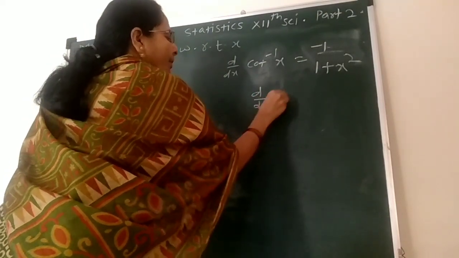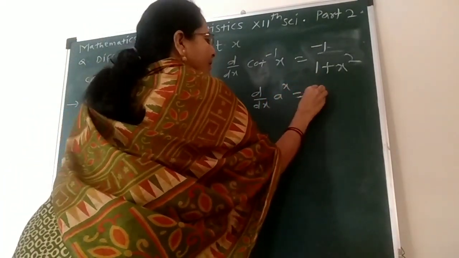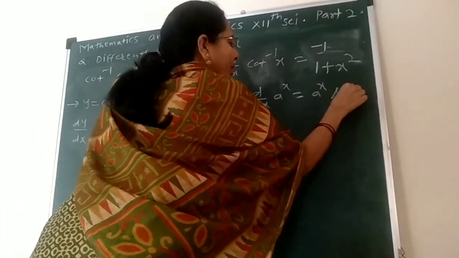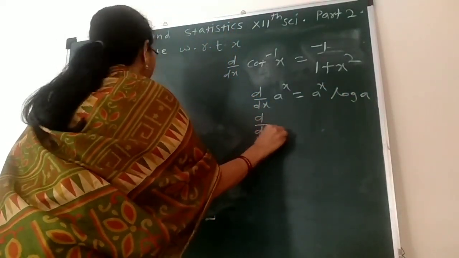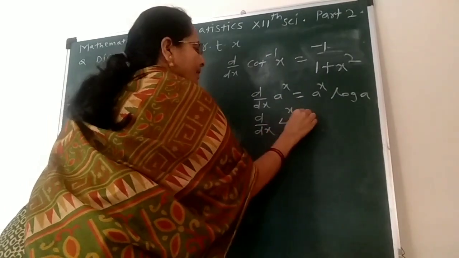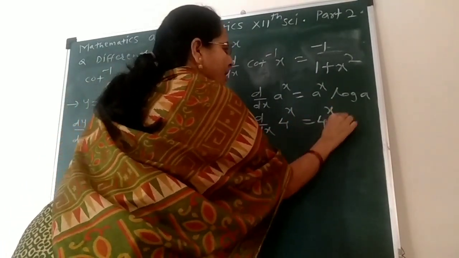The derivative of a raised to x is a raised to x log a, so d/dx of 4 raised to x is 4 raised to x log 4.